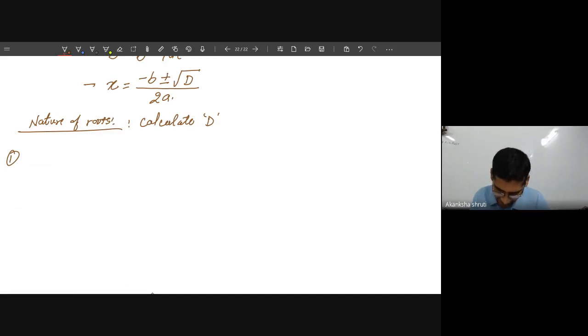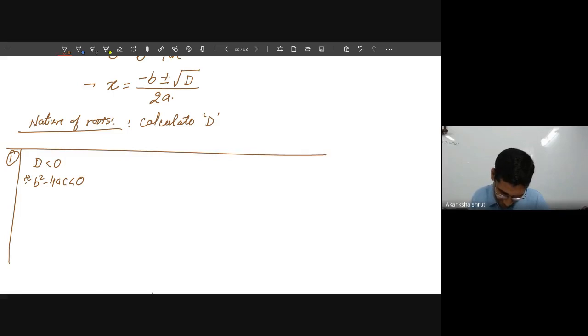If D is less than 0, that is b² − 4ac is less than 0, it is negative. Write this in tabular form.